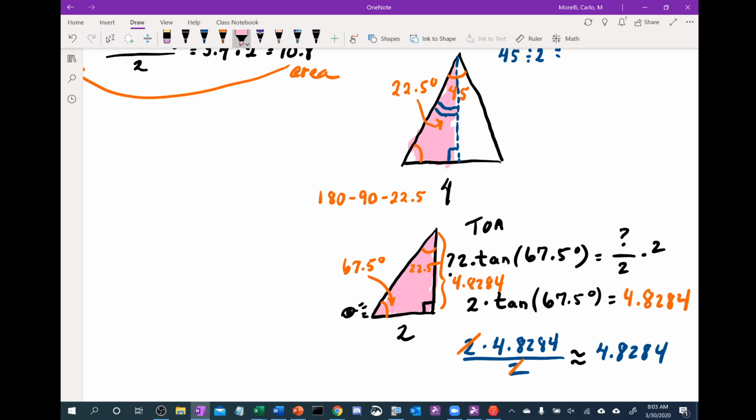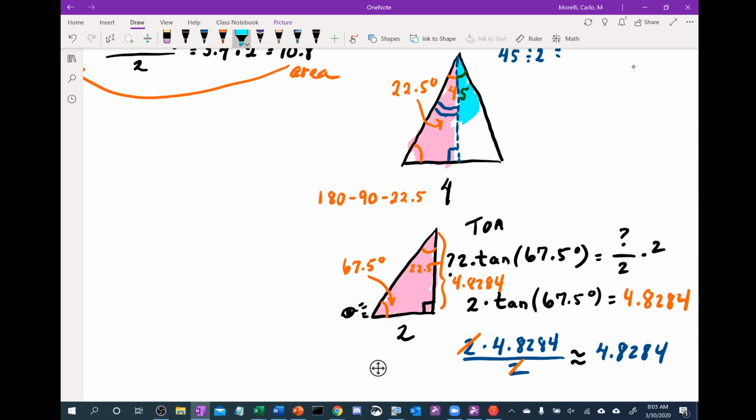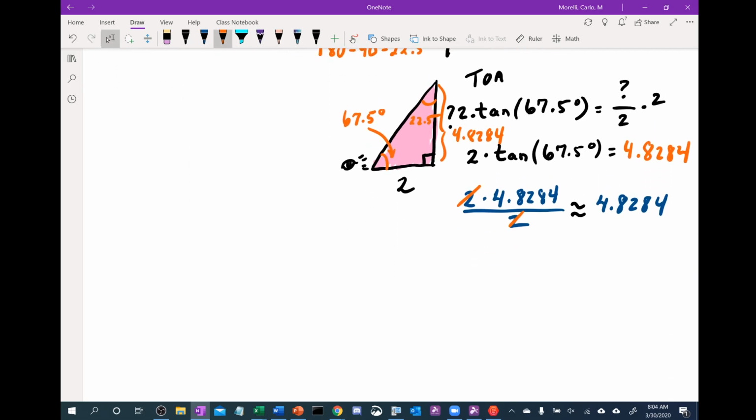So if we want the area of the full triangle, we just have to double it. So now what we're going to do is 4.8284 times 2.